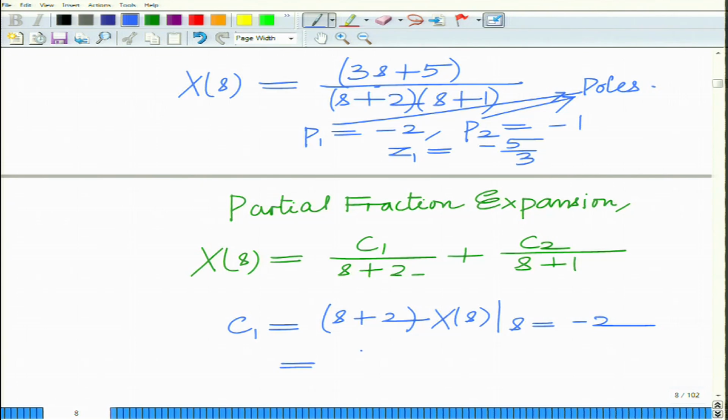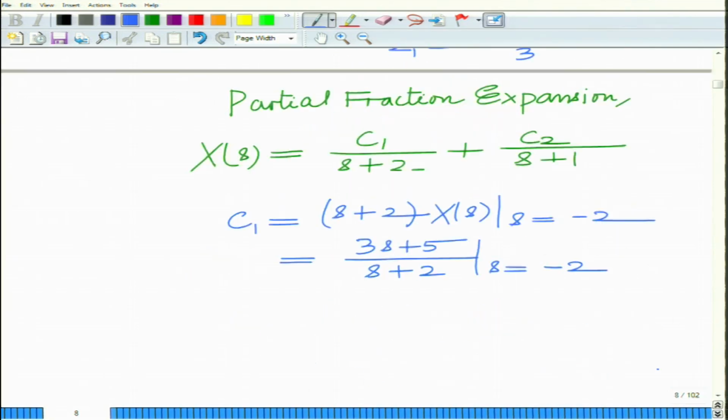That is (3s plus 5) divided by (s plus 1) evaluated at s equal to minus 2, that is minus 1 divided by minus 1, which is equal to 1. Therefore, C1 is equal to 1.